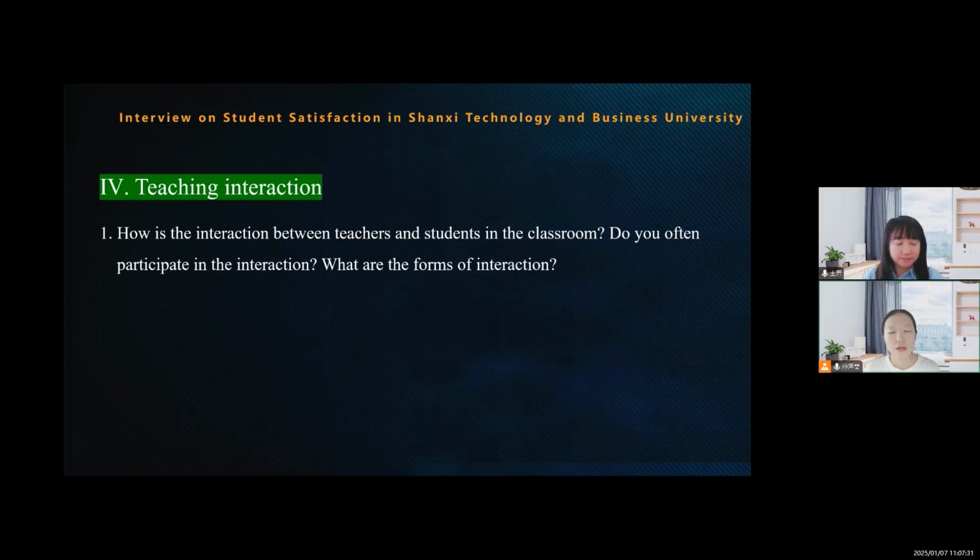Through the debate, we not only have a deeper understanding of different viewpoints, but also exercise our critical thinking ability. Role-playing is also very interesting.